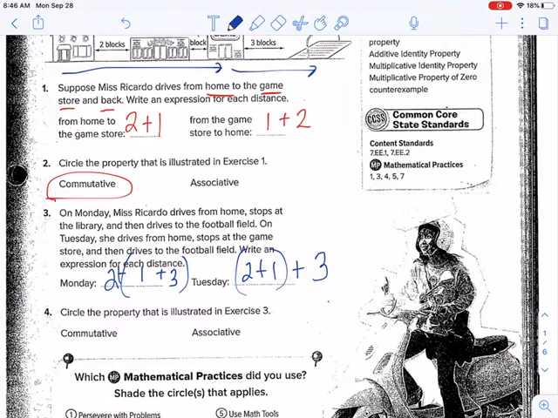Okay, so same order, 2, 1, 3, but our groupings were different. She drove through at different times. This is an example of the associative property. You can change your groupings in addition and multiplication and still get the same sum or product.